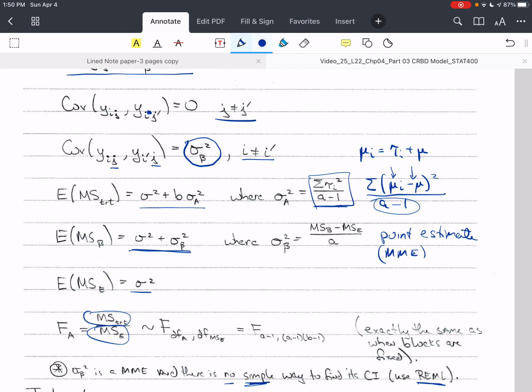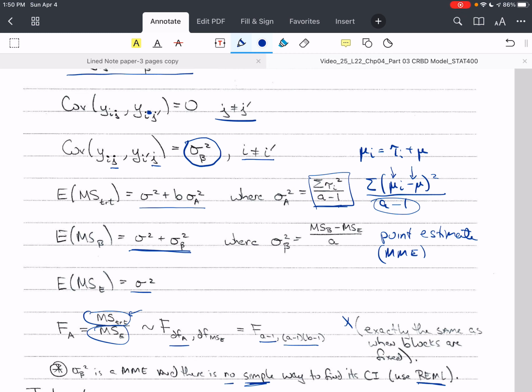The degrees of freedom in the numerator are the degrees of freedom of the treatment, a minus 1, and the degrees of freedom in the denominator are the degrees of freedom of MSE. So we could rewrite this for the randomized complete block design: a minus 1 for the treatment degrees of freedom, and a minus 1 times b minus 1 for the error degrees of freedom.